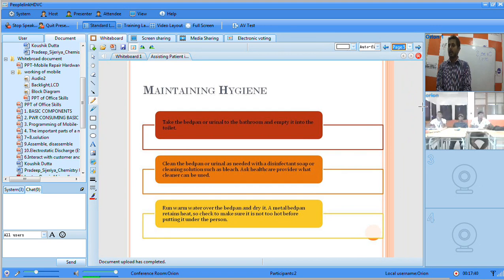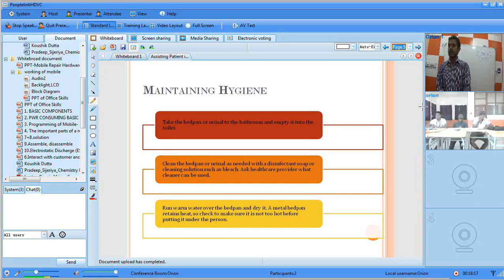When the patient has completed the urinal process, you need to throw the waste generated by the patient in the particular place meant for it, so that infections cannot spread and hygiene is not affected.